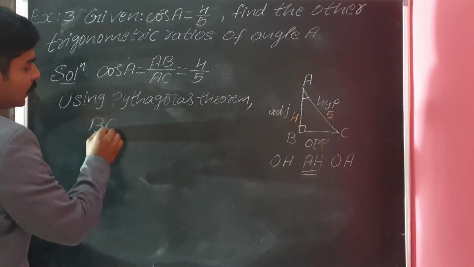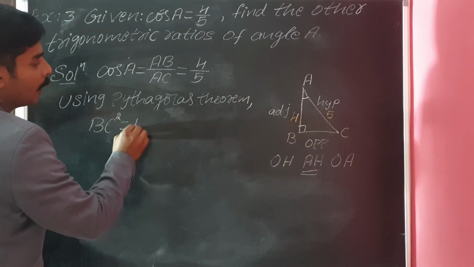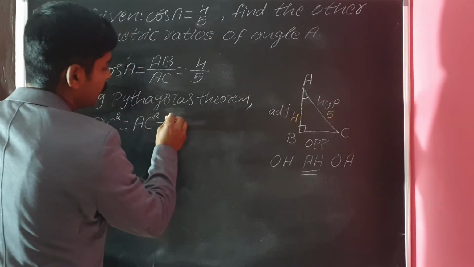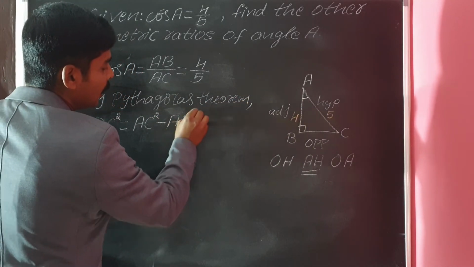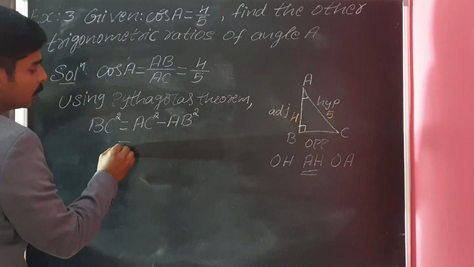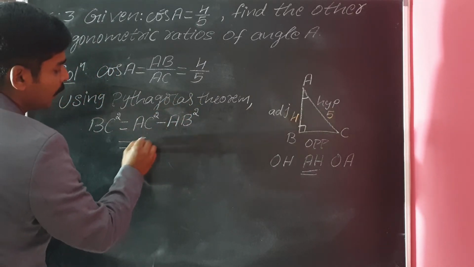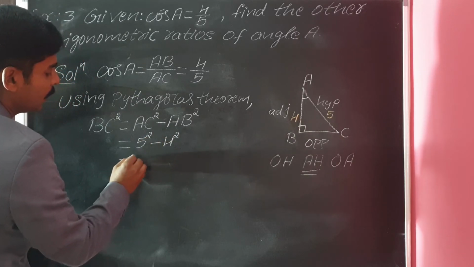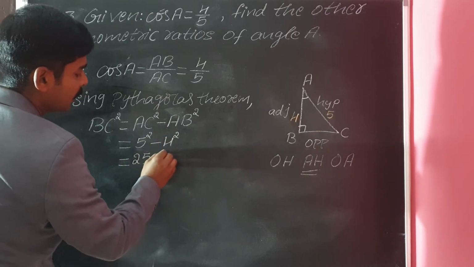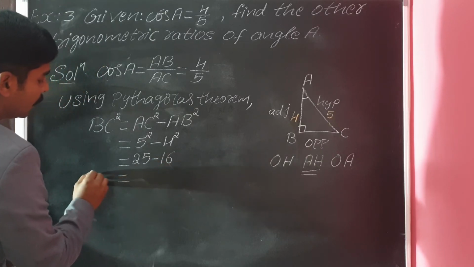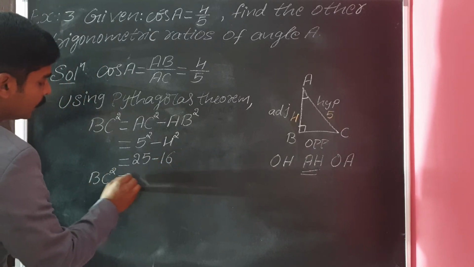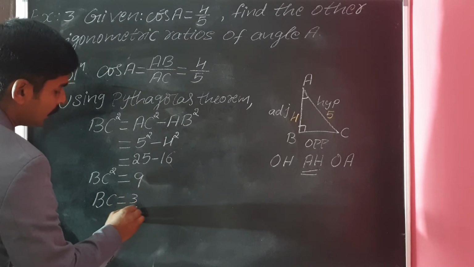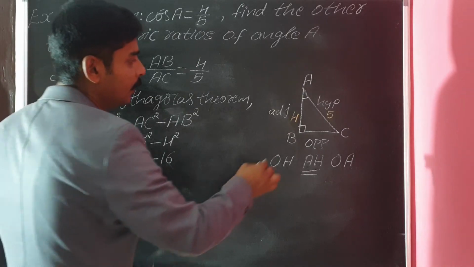That is, BC square is equal to hypotenuse square minus the square of the other side which is given, AB square. So this is equal to 5 square minus 4 square. 5 square is 25 minus 16. So BC square is equal to 9. So BC is equal to square root of 9, that is 3.